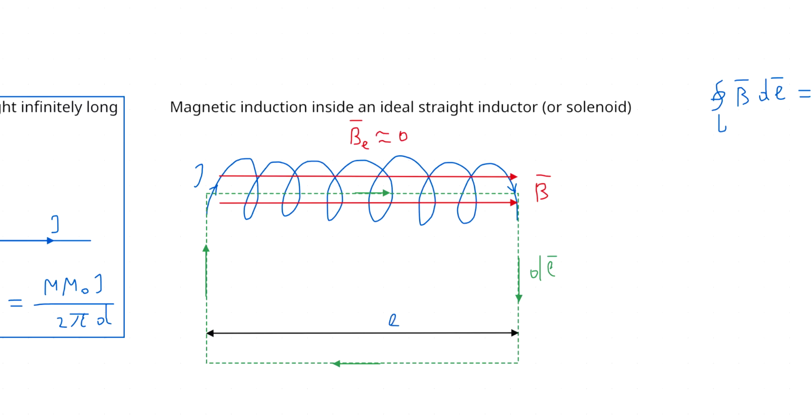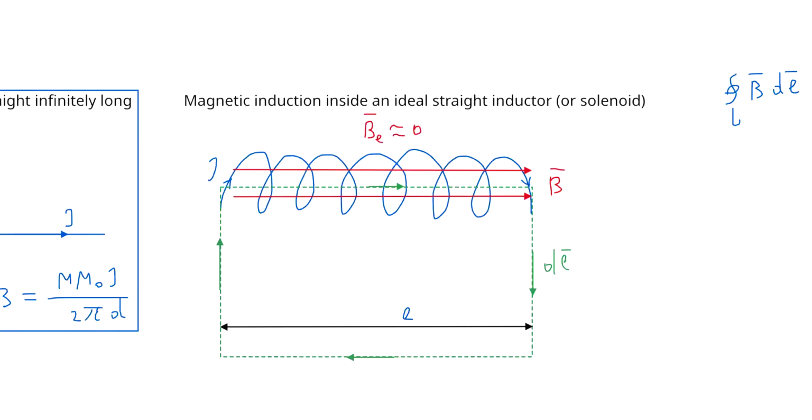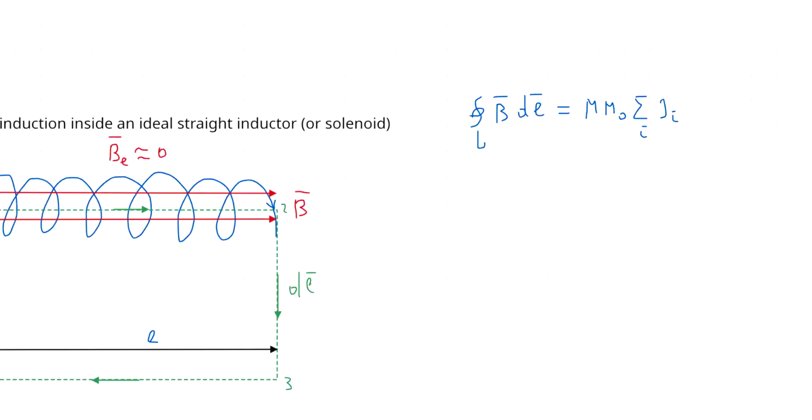And how to calculate this integral? I think the best way is to write numbers of corners of this rectangle: 1, 2, 3, 4. Then we will divide the line integral into 4 integrals.